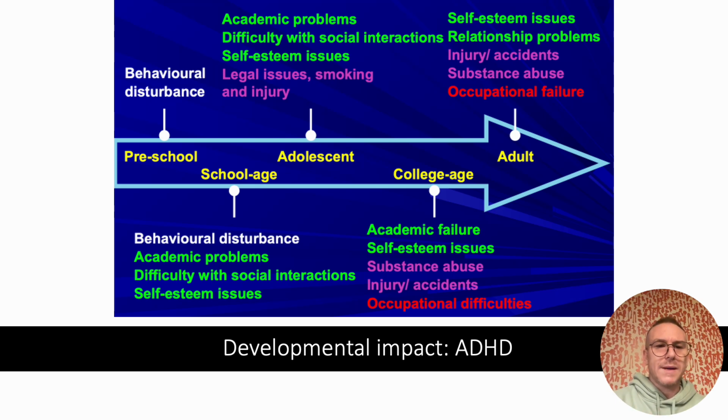So in preschool, we might see that in terms of behavioural disturbance. For school-aged children, that could extend to academic problems, social interactions, and that could unpack to self-esteem issues as well. And in adolescence, those things continue and extend.